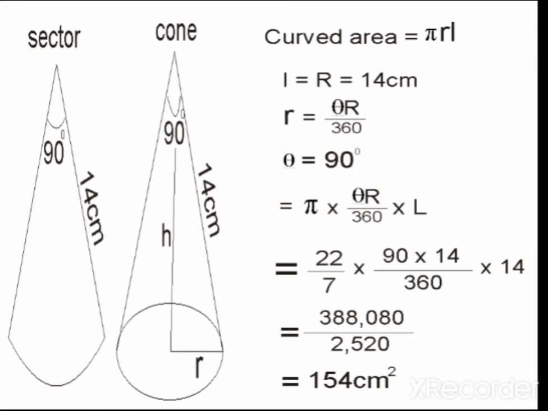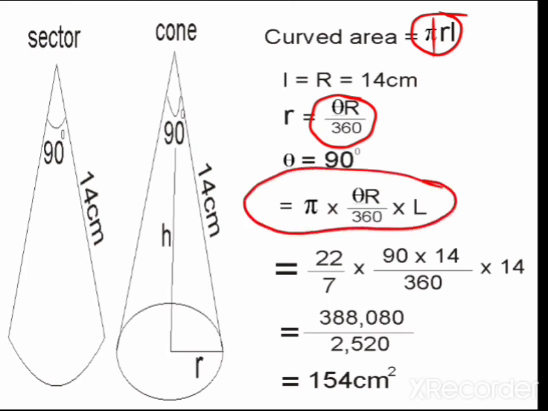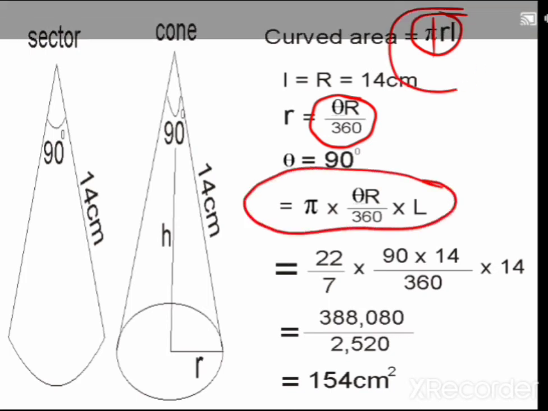Our theta was given as 90 degrees, the angle at the center. Then we substitute into the formula: in the place of lowercase r, we put theta capital R all over 360. So this is now the formula we'll be using.